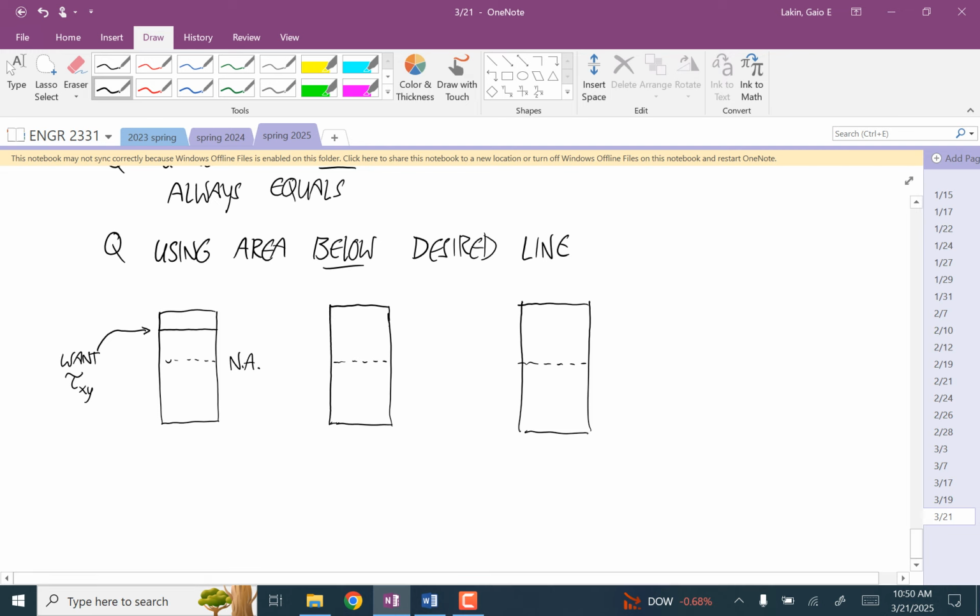We can calculate this area and this centroid, or we can calculate this area and this distance to the centroid.